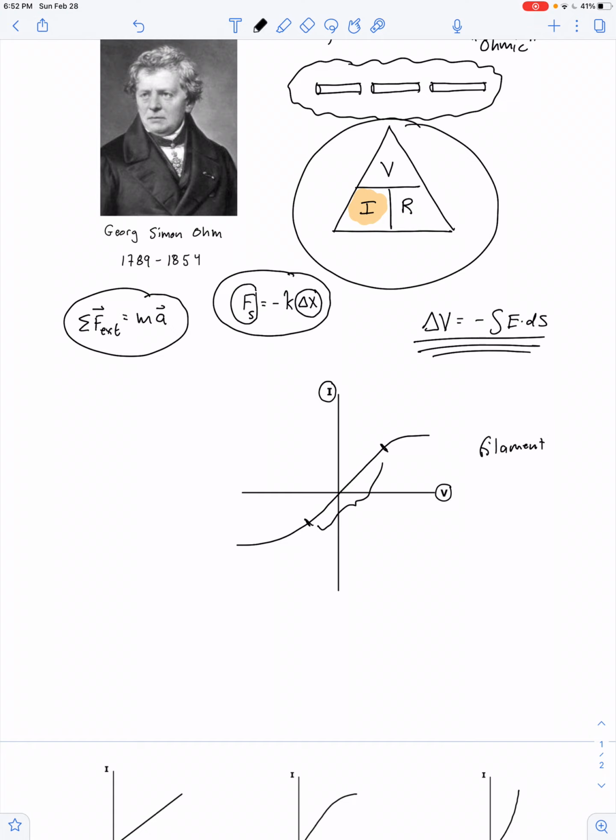When the voltage gets really high, then the temperature starts to go up, right? The more current that results, the collisions between the electrons that are drifting and the impurities of the wire cause a conversion of electrical energy into thermal energy.